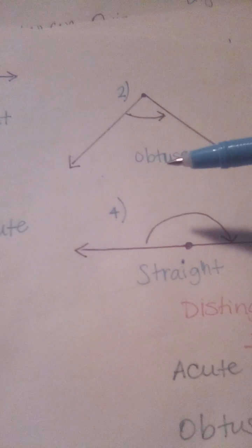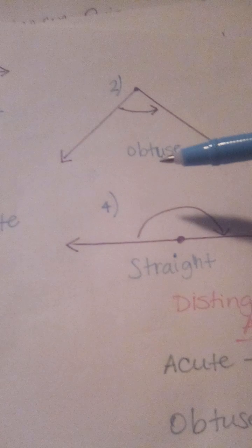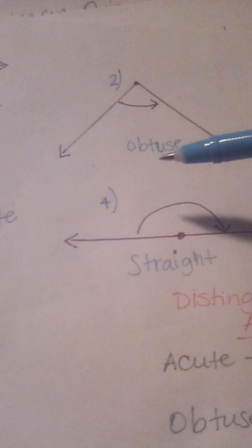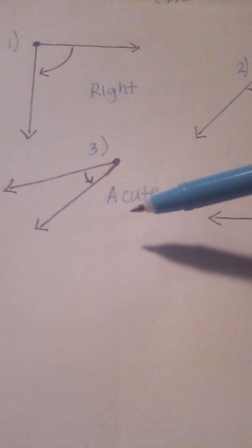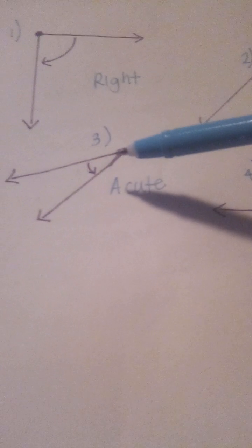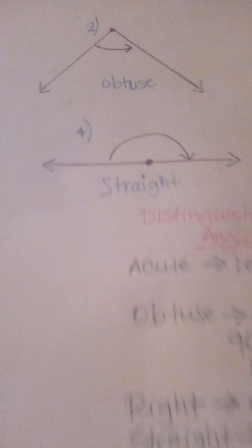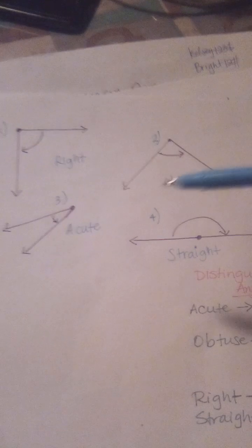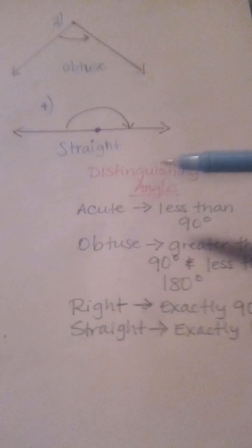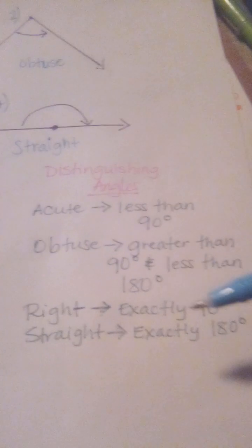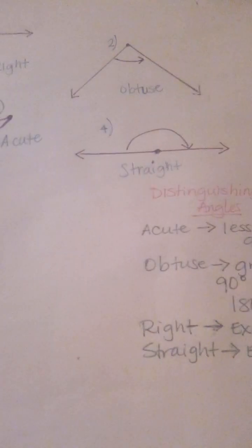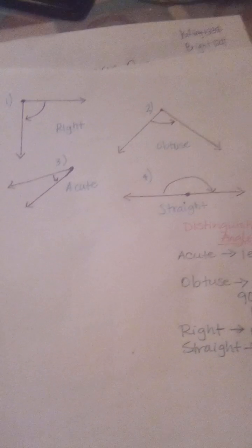Obtuse is greater than 90 degrees but less than 180. We found this diagram acute because it's less than 90 degrees. And a straight angle is 180 degrees. There you have it for this first part of identifying these angles, following this diagram, which is going to help you. Any additional questions on this part?